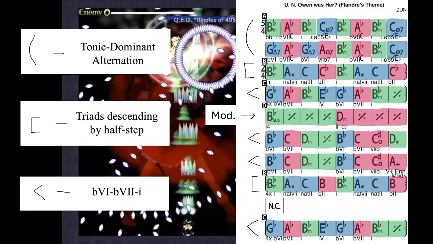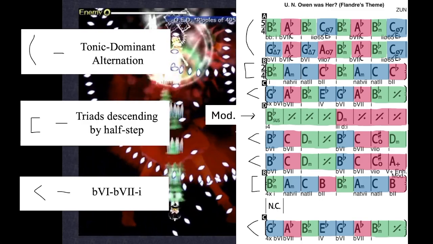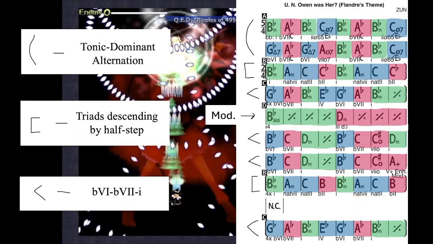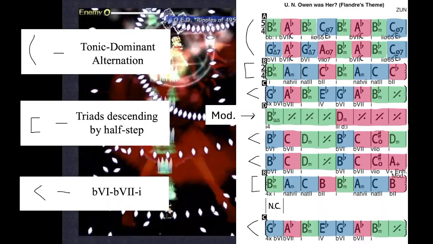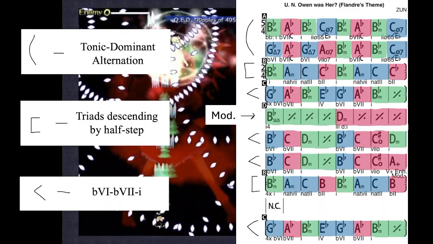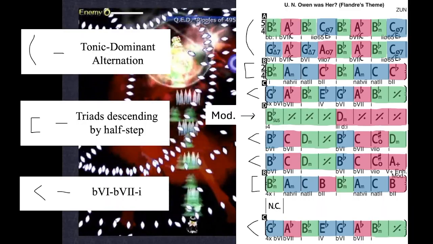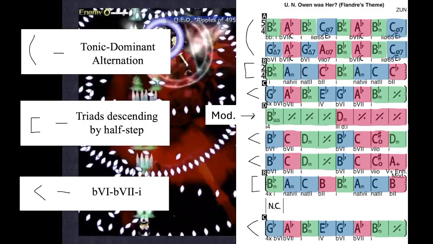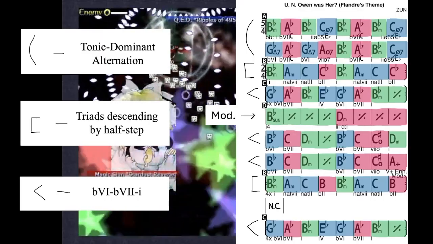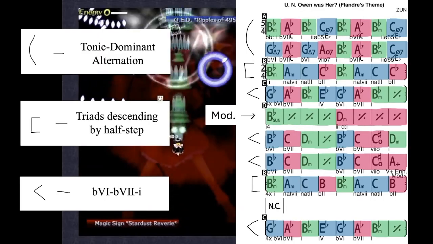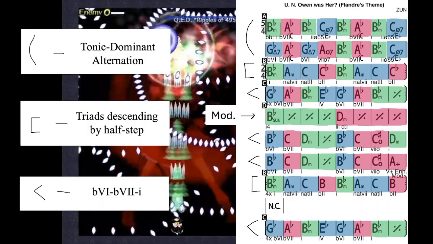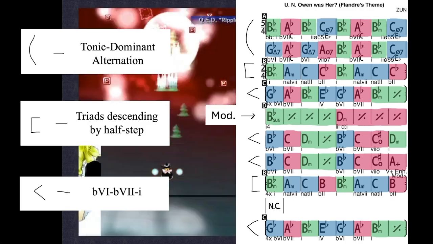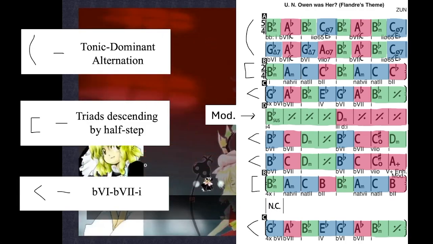So let me actually play this last section just to show you where all the material is coming from. So we have this. And then after the fake out, we have that descending triad figure.